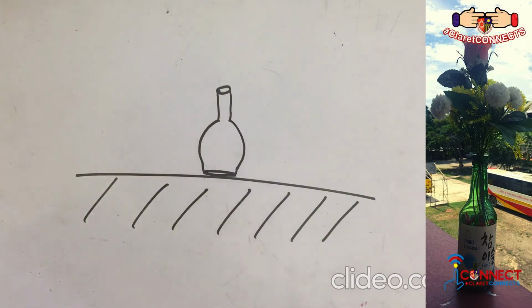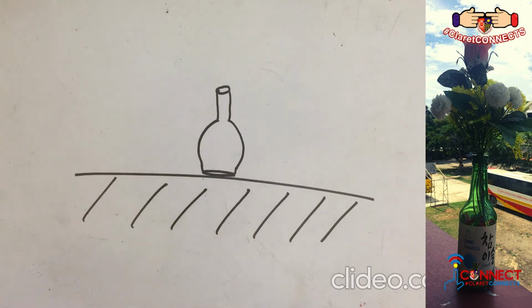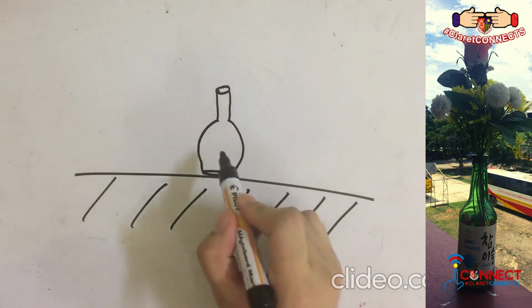We have here an illustration of a certain object resting on a tabletop or resting on the ground. We have said that there are forces acting upon this object. We have two forces in particular.